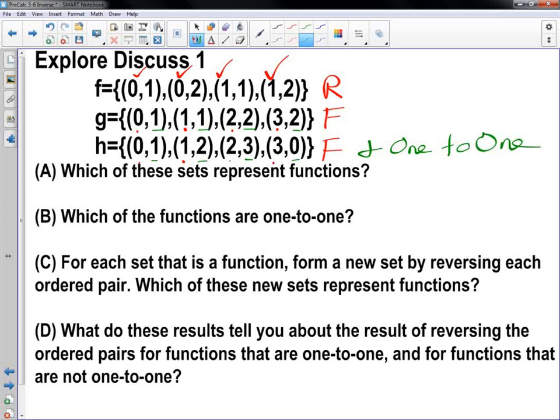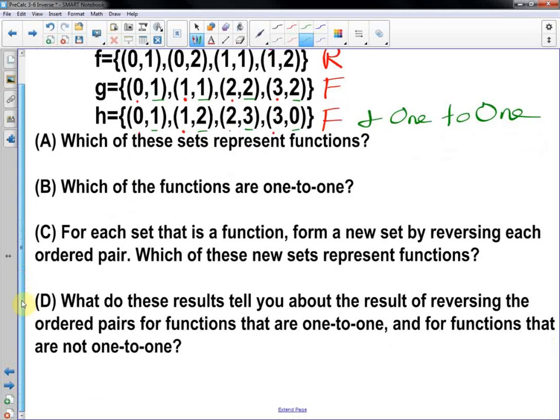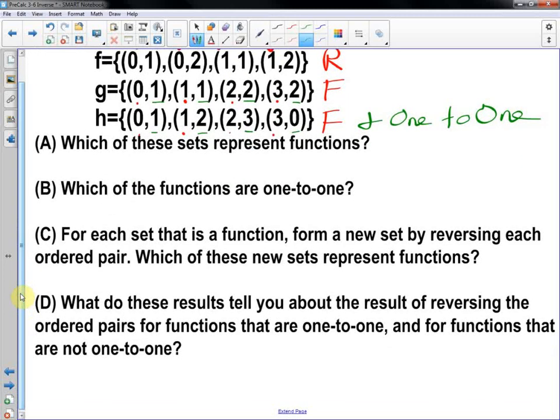All right, so for part C, for each set that is a function, form a new set by reversing each ordered pair. Which of these new sets represents functions? So if I take f, I'll do it in blue, and I reverse each one.